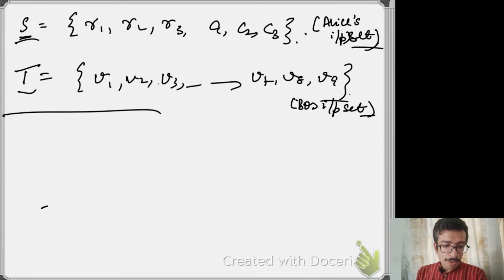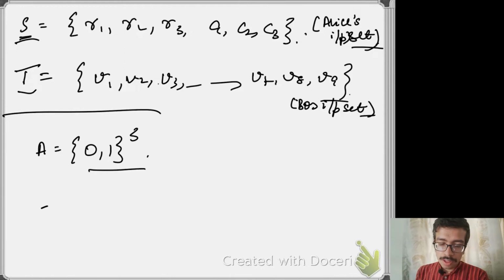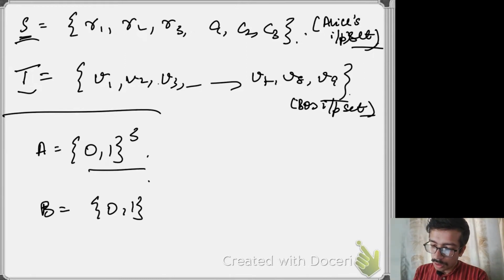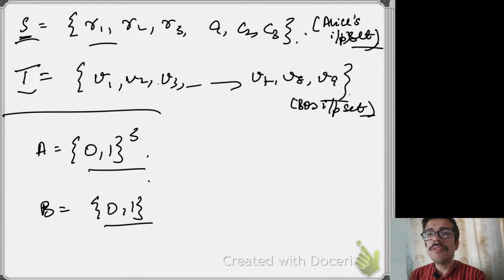Now Alice needs to output 3 bits and Bob needs to output a single bit. Alice will be given a constraint as input and needs to give an assignment of the 3 variables in that constraint. Bob is given a single variable as an input and he needs to give a value assignment to that single variable.